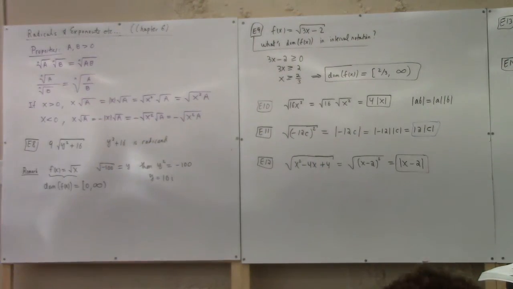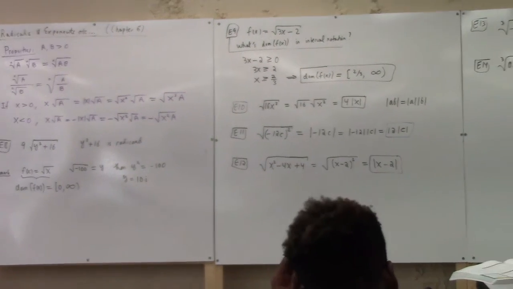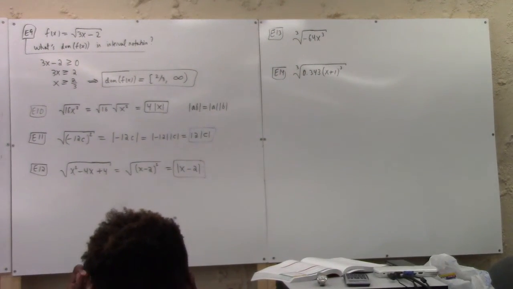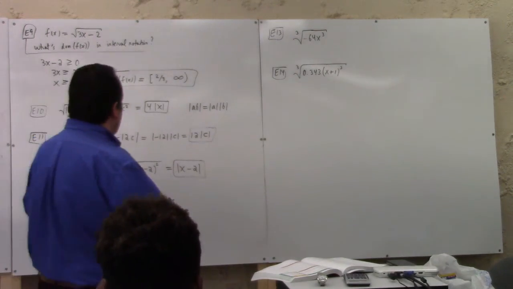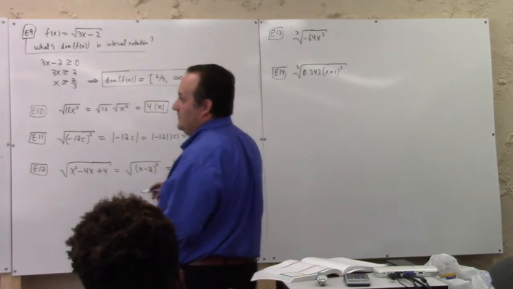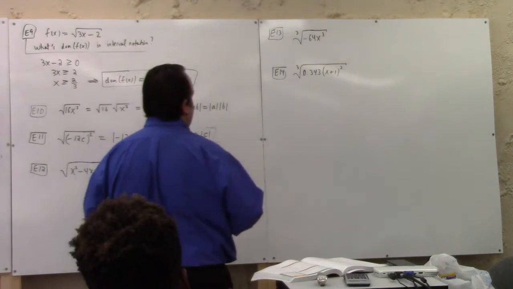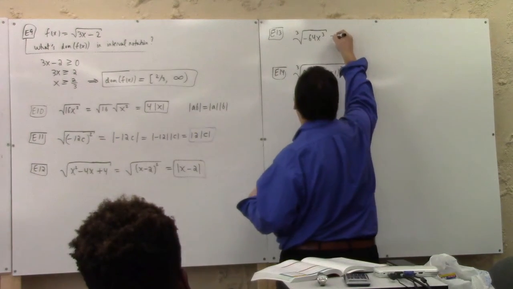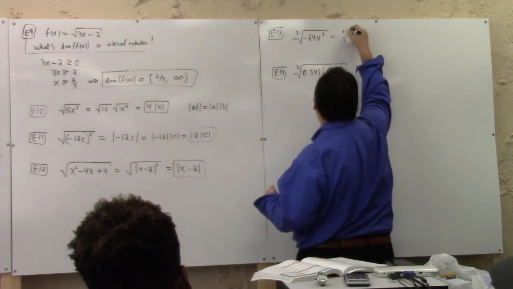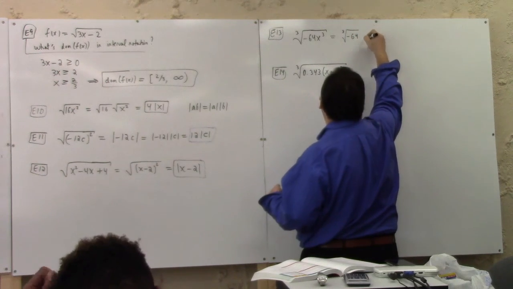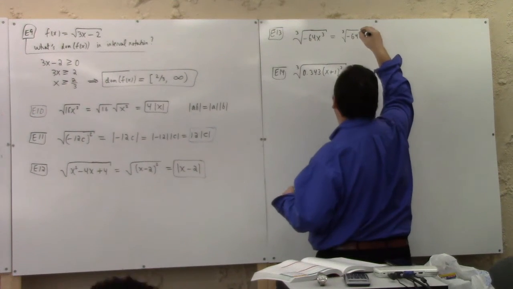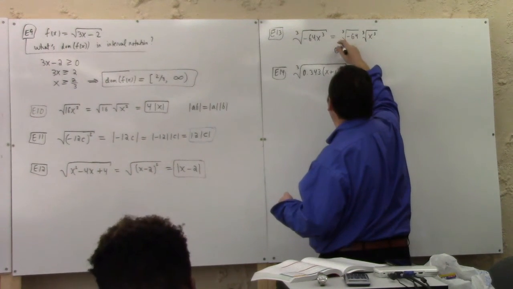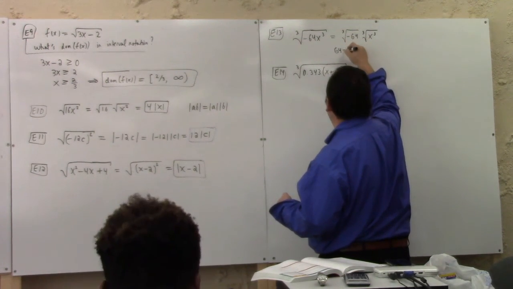What is the cube root of... example 12. So the cube root of a product is the product of the cube roots. So I can break this up. This is really like the cube root of minus 64 times the cube root of x cubed, right? So 64 is 4 cubed, by the way.